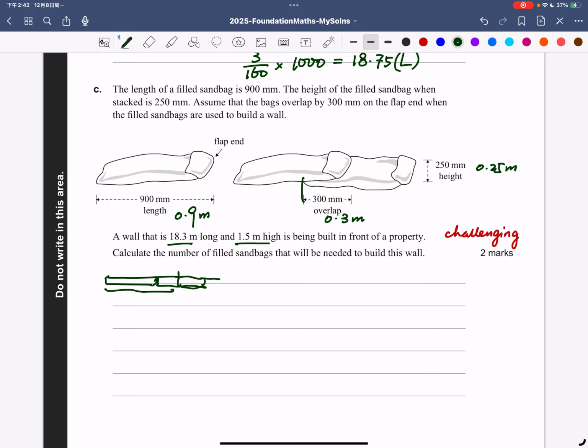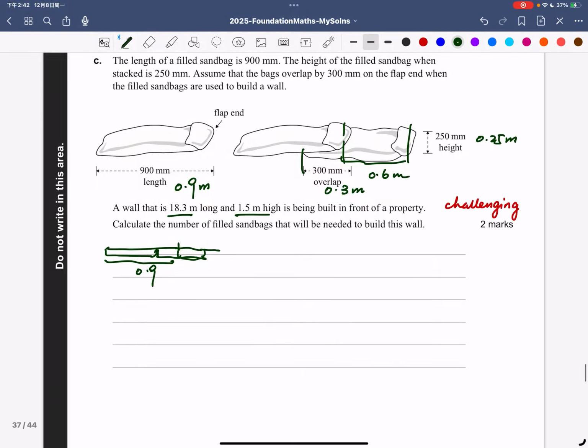Therefore, the first bag is 0.9. The next bag adds just 0.6 meters extra. The next one will also be 0.6 extra. So the total horizontal dimension, 18.3 take away 0.9, will give you 17.4 meters.